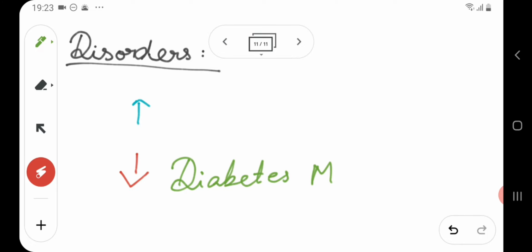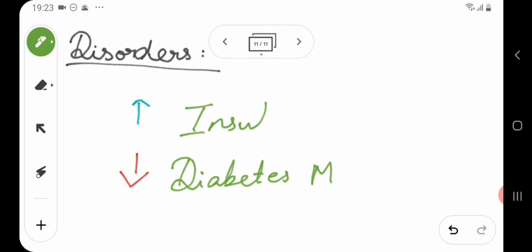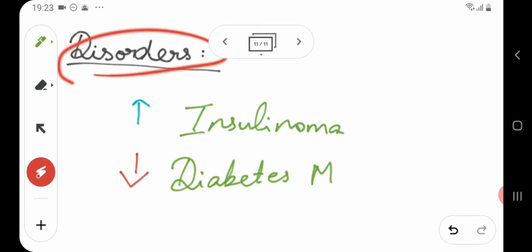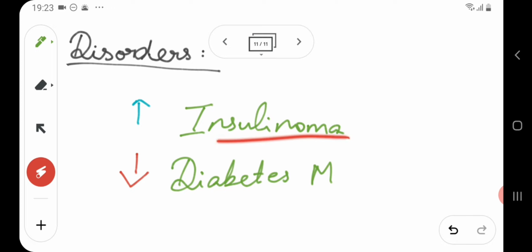And there is a rare disorder where there is increased insulin secretion, which is termed insulinoma. So there are two disorders: if there is an increase, a rare condition known as insulinoma, and when there is a decrease in secretion, a common condition, diabetes mellitus.